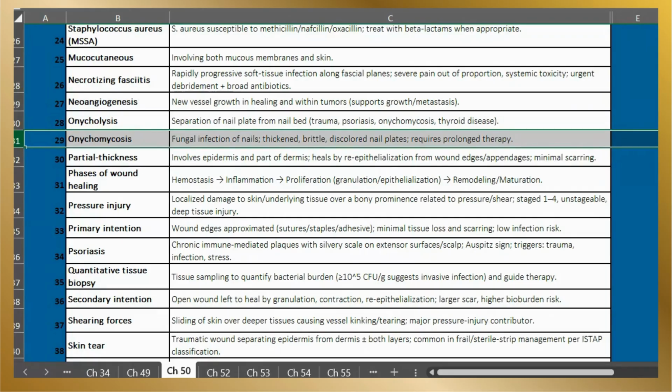Onychomycosis, so the mycosis we know means fungus, a fungal infection of the nail: thickened, brittle, discolored nail plates; requires prolonged therapy.